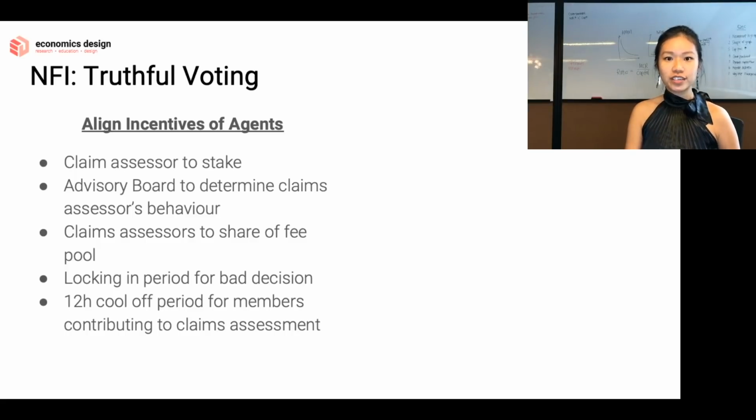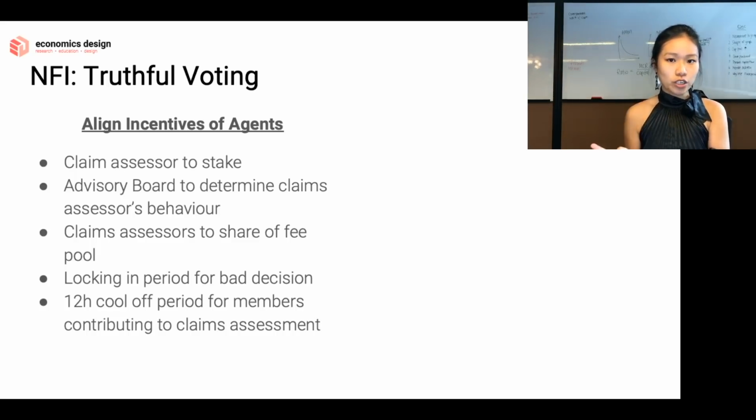For non-financial incentives, we're going to look at truthful voting. Voting is a very delicate subject. As you can imagine, the US elections are coming up and everyone's talking a lot about voting. But right now, it's good that we're more in a closed-loop system in Nexus Mutual, and we can look at how we align incentives of the different agents to get the truth out through voting.